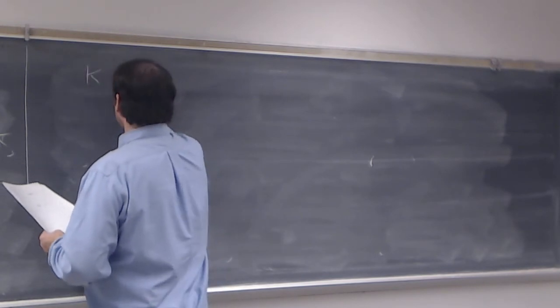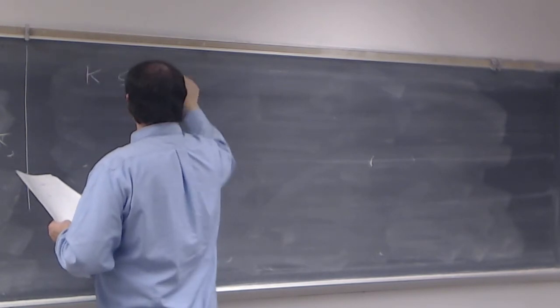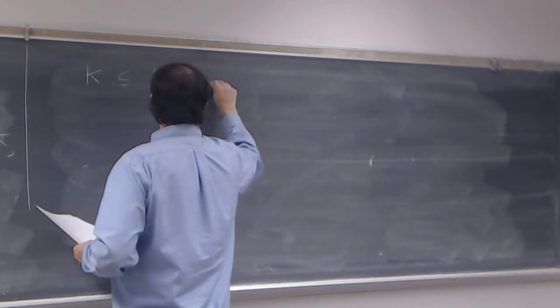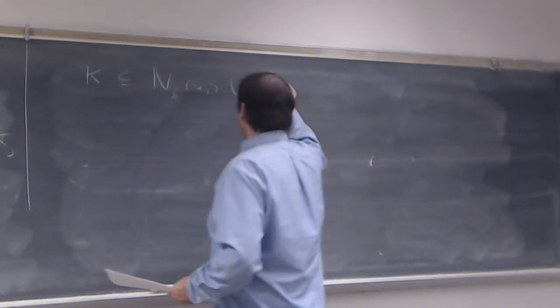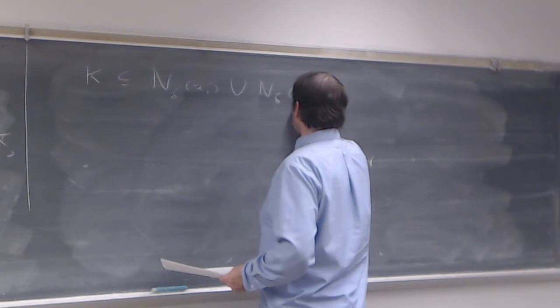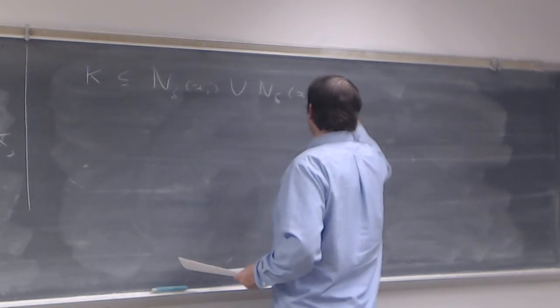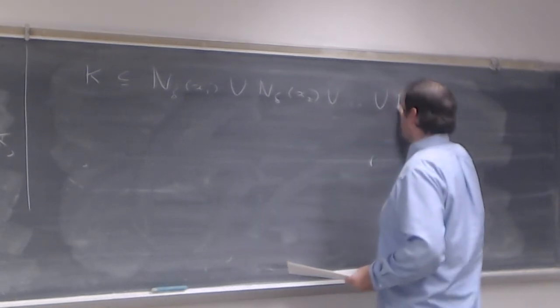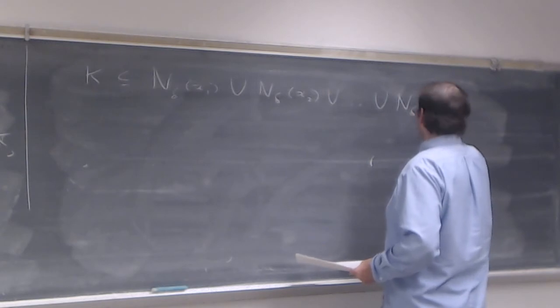So K will be contained in the neighborhood N sub delta of x sub 1, union the neighborhood N sub delta of x sub 2, and so forth, up to the union N sub delta of x sub m.